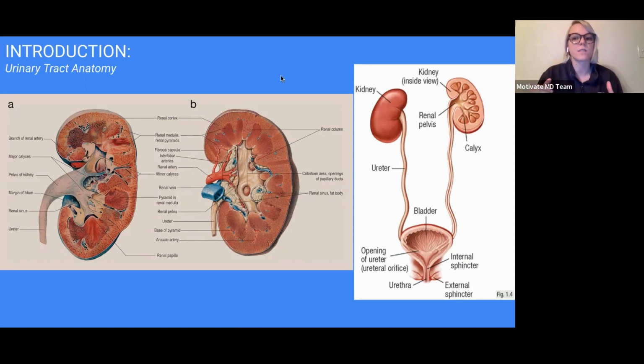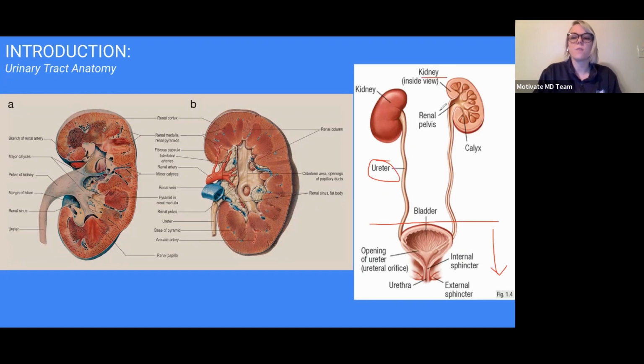That's an umbrella term for an infection anywhere in the urinary tract. The way that we're going to delineate this is that the bladder, urethra, and in women, the vagina, will all be lower urinary tract. And in men, obviously the prostate is involved as well in the lower urinary tract. When we talk about upper urinary tract, these are things like the ureters and the kidney itself.